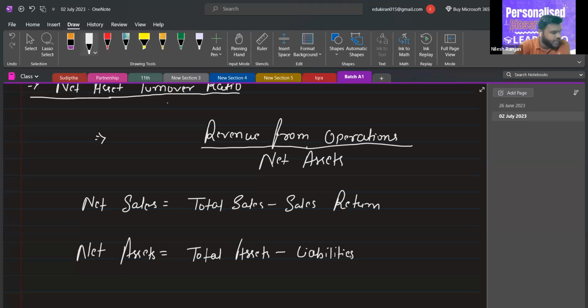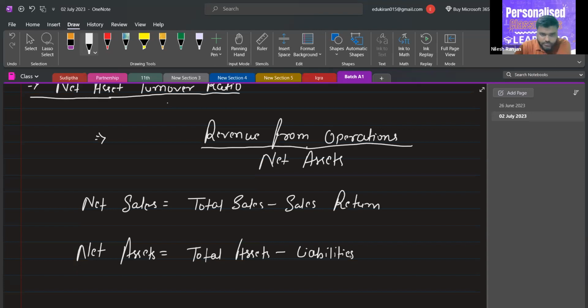Actually, in my book, there is no portion related to net asset turnover ratio. It is a little old. So I told Banisha to send me the portion. Let me check. No, I haven't received it.